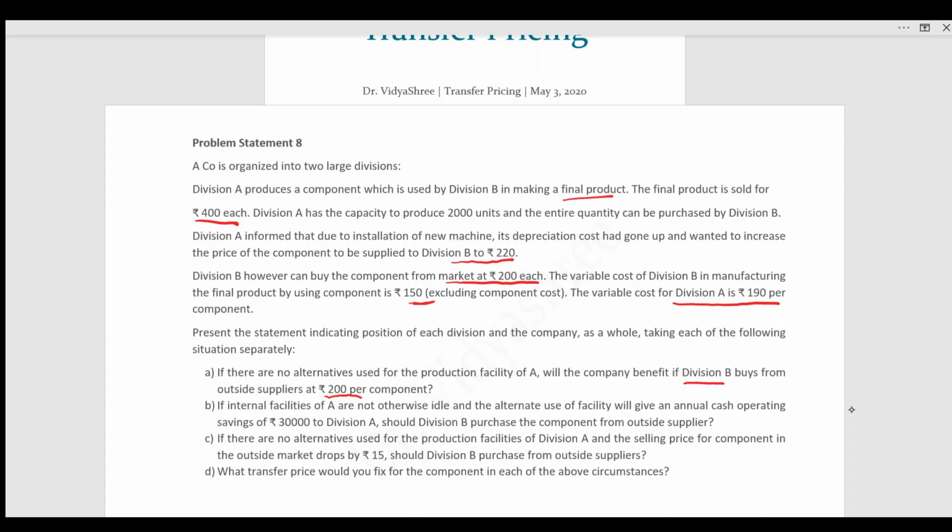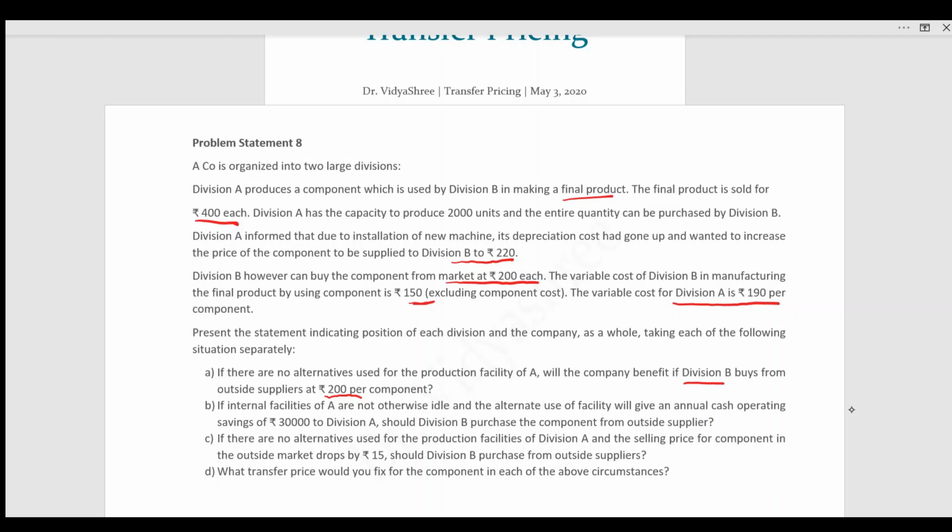Second situation, that is, if alternative facilities of A are not otherwise idle, and the alternate use of the facility will give an annual cash operating savings of rupees 30,000 to division A. So should division B purchase the component from the outside supplier?